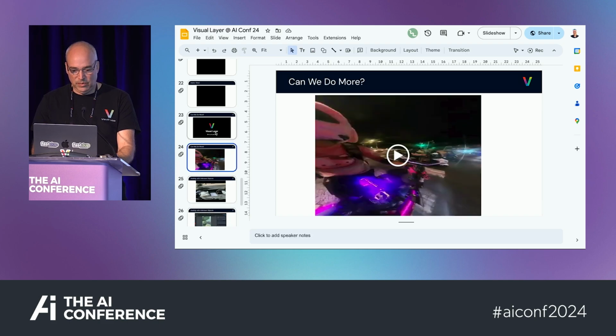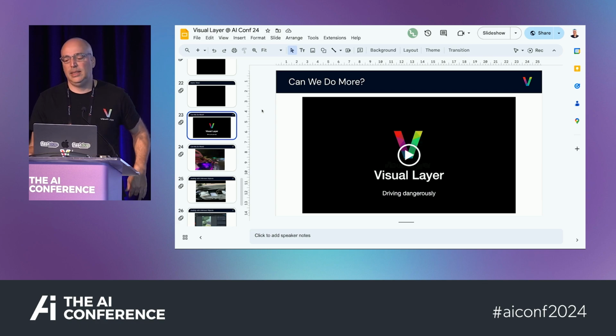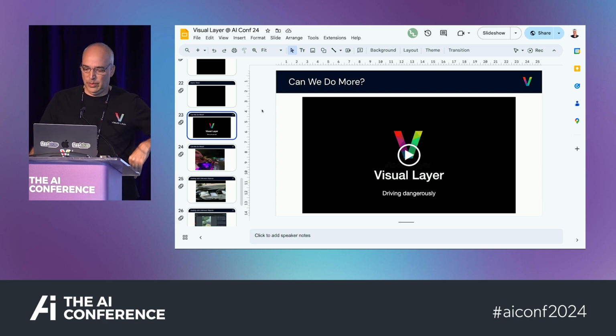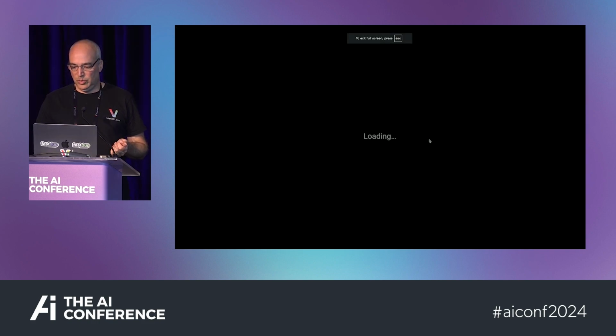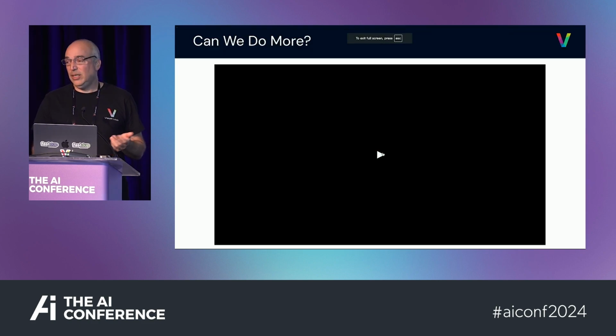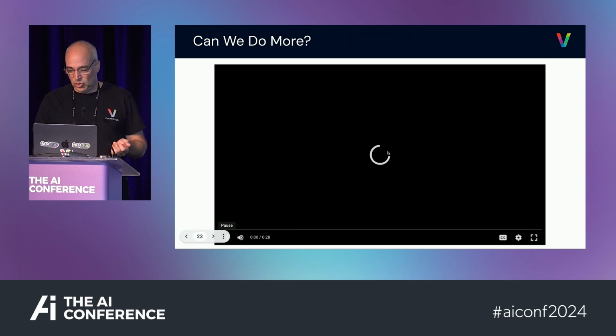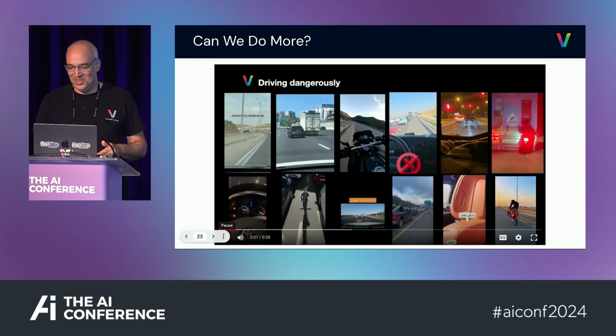And one of the next things we can do, besides finding specific objects of interest, we can ask, can we find a sequence of occurrences, which could be interesting. So for example, dangerous driving should be interesting. If you remember, it's the craziness factor, the dangerous things.